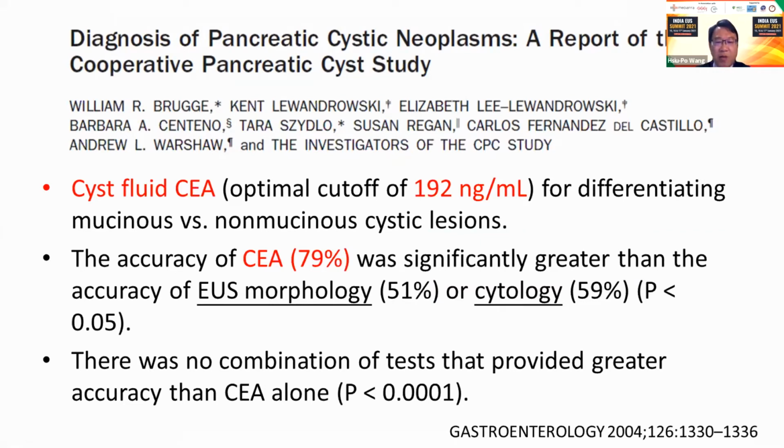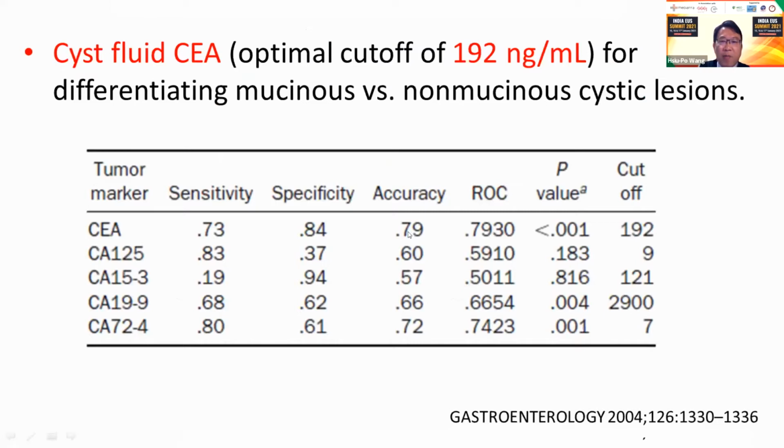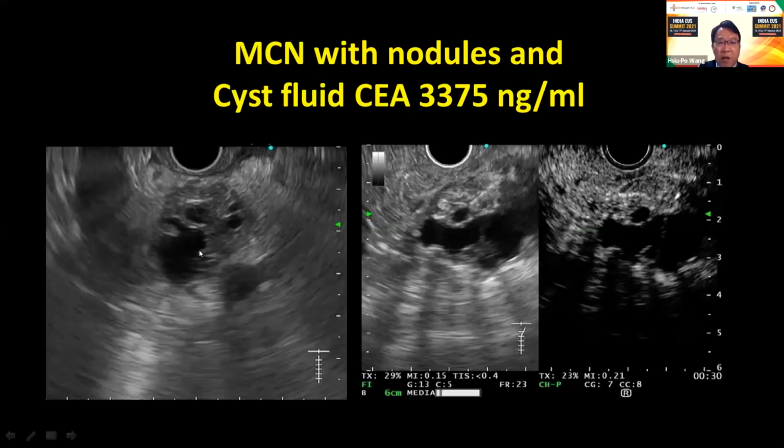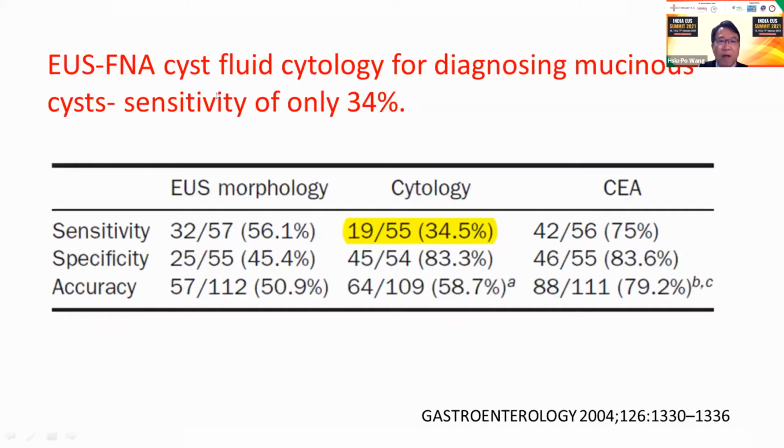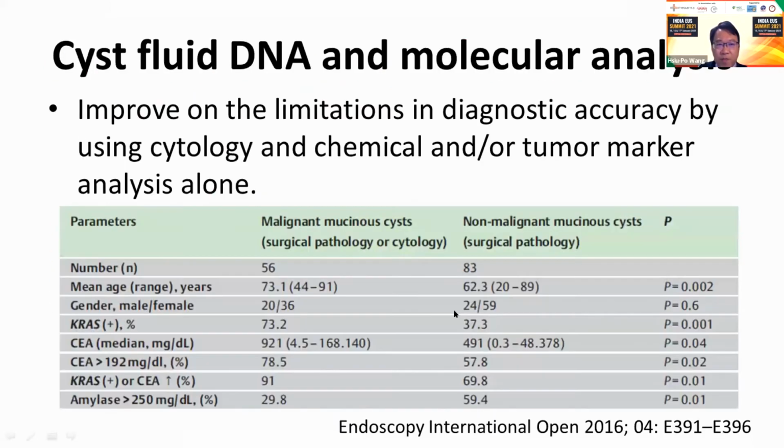There are no combination tests that provide greater accuracy than CEA level alone. This table shows that CEA level in cyst fluid is better than other tumor markers. In our case, an MCN with nodules, the CEA level is more than 3,000. And this table shows that cytology for diagnosis of mucinous cysts has quite low sensitivity, and the accuracy is also very low.